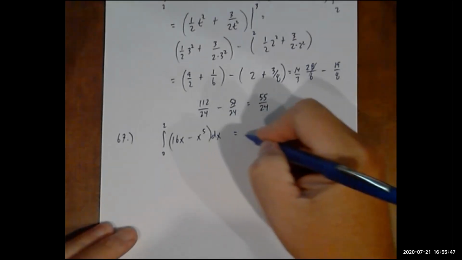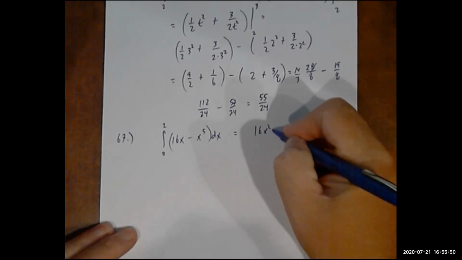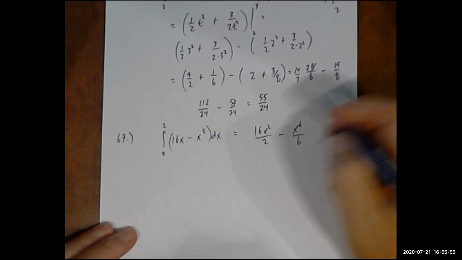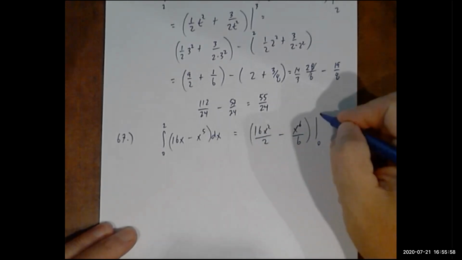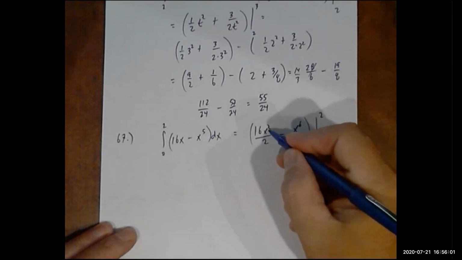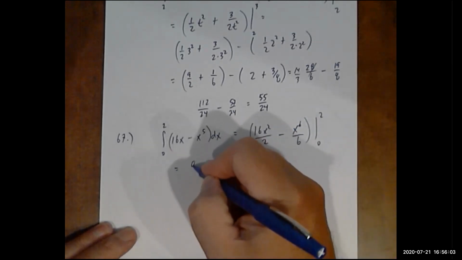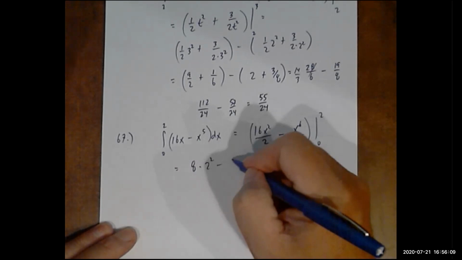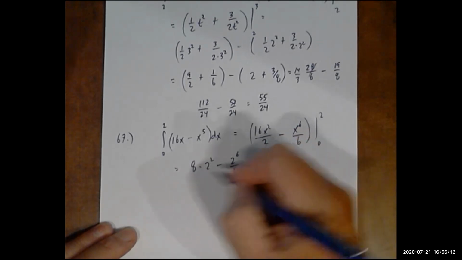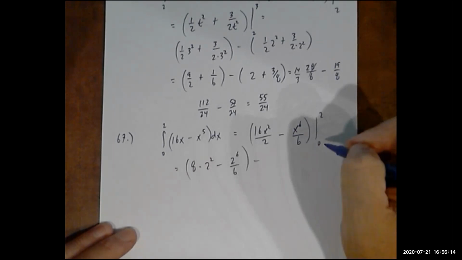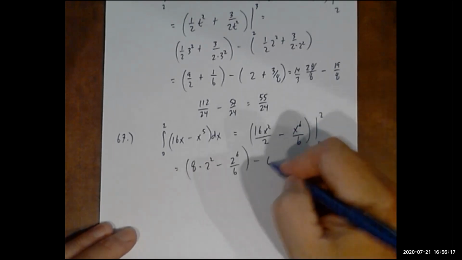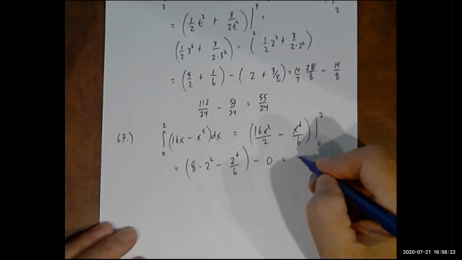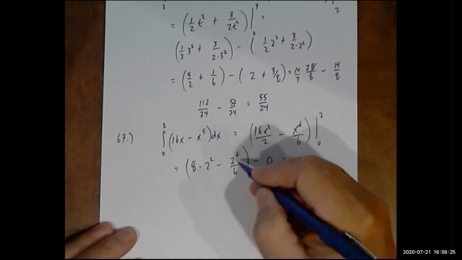All right, pretty straightforward integral. 16x squared over 2 minus x to the 6th over 6, from 0 to 2. Well, this is 8x squared. Plug in the 2, minus 2 to the 6th over 6. When you plug in 0 for x, both these terms end up being 0, so there's nothing to subtract. So this is 4, 32 minus 2 to the 6th.